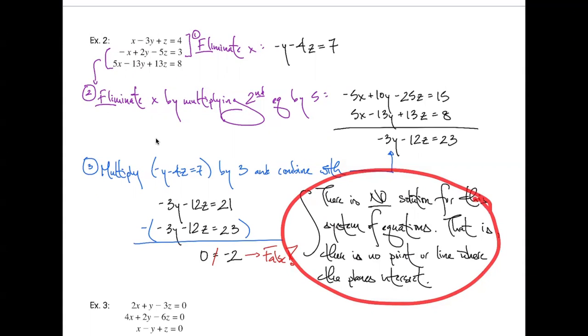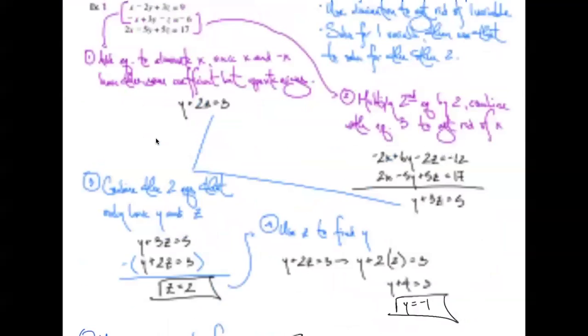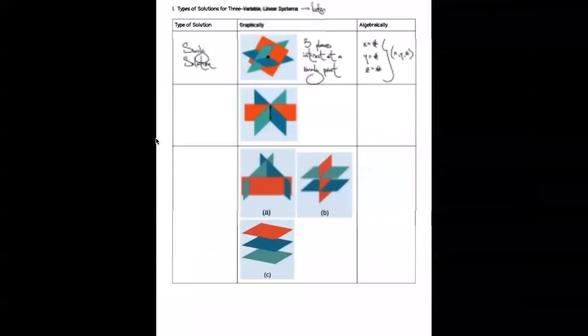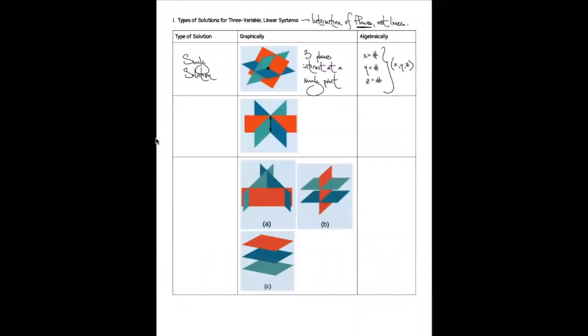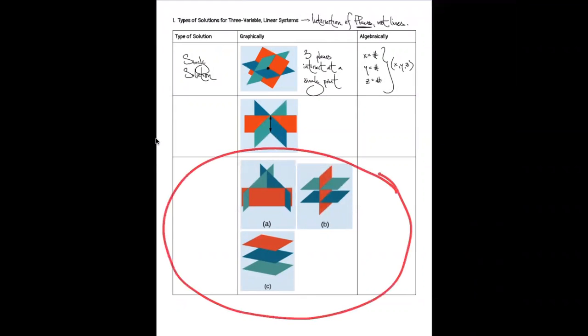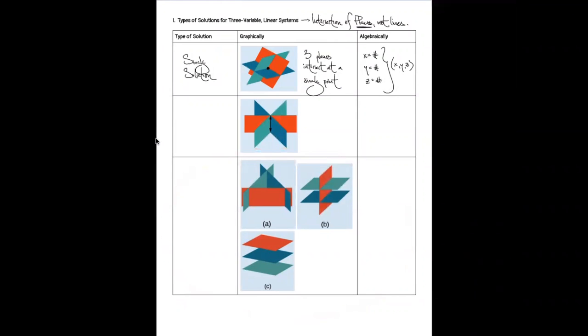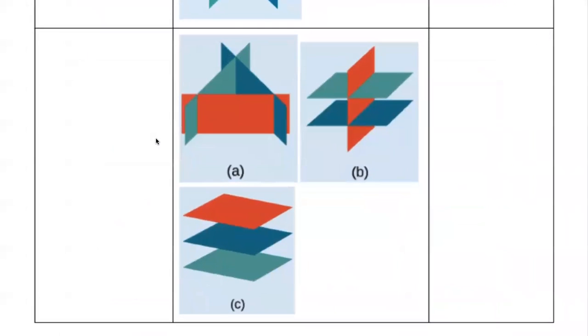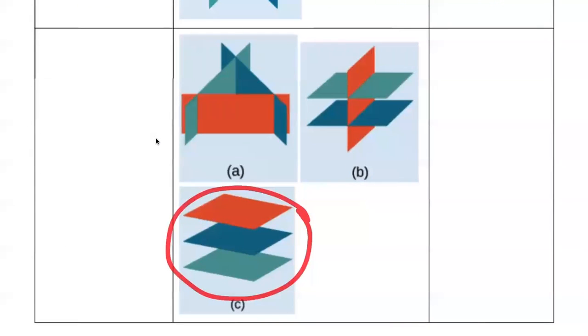If we return to this table with these lovely diagrams, we found a system that looks something like this. And there are 3 different pictures here because it could be any of those 3. We could have this where it's like sheets of paper in your notebook, right?